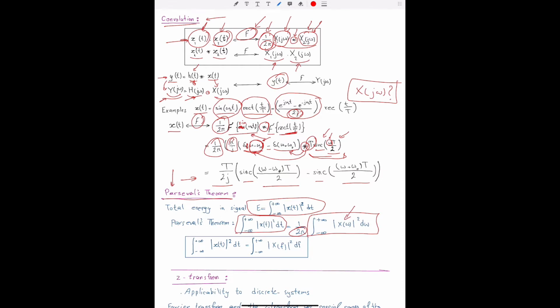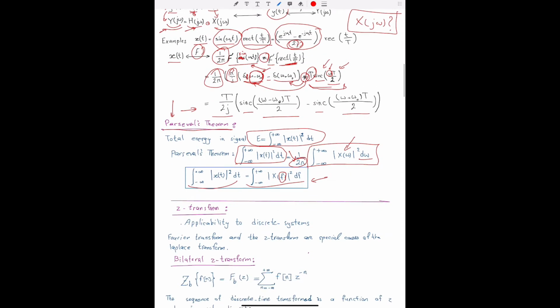So the integral from minus infinity to plus infinity of the magnitude of x of omega to the power of 2 d omega. And if we write it in terms of x of f, we don't need that 1 over 2 pi anymore. So here we have the integral from minus infinity to plus infinity of x of t. The total energy in the time domain would be the total energy in the frequency domain here.